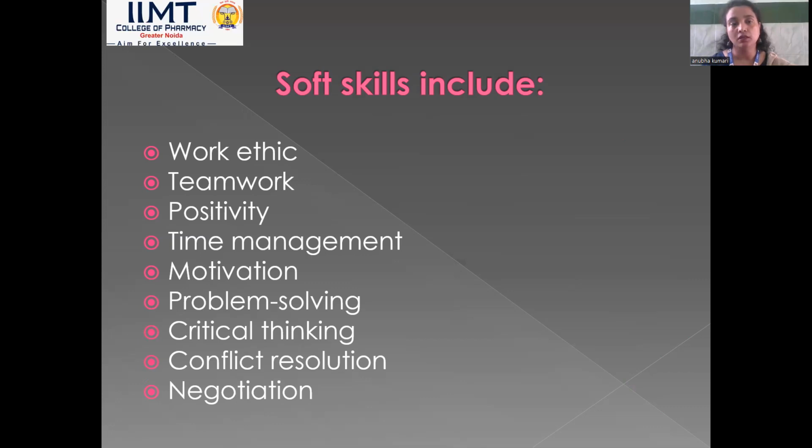Soft skill is a platform where those traits are also considered. How an individual works in a team, that is teamwork. Teamwork is also a soft skill trait, because if you actually want to grow in your life, it is important to take your team together, not only focusing on individual growth but on team growth.